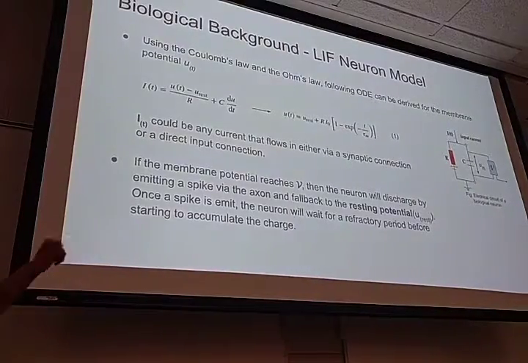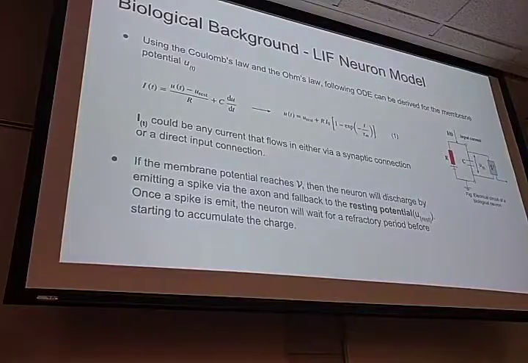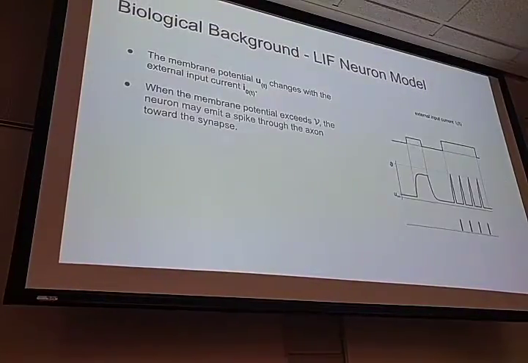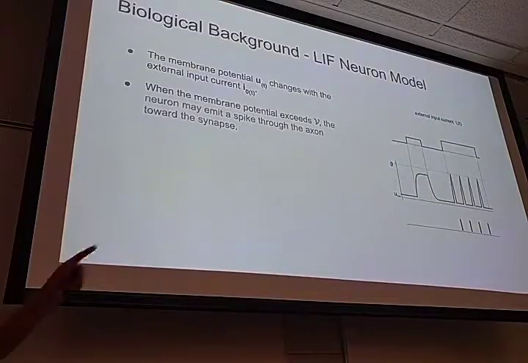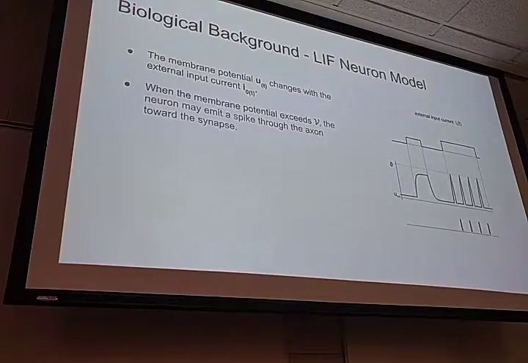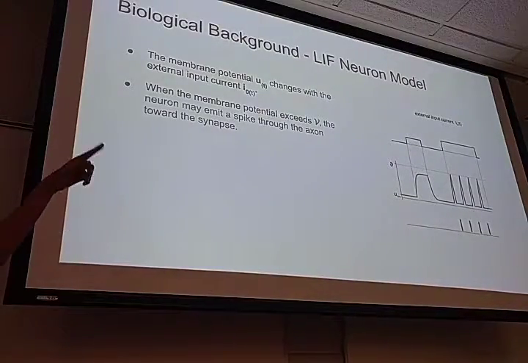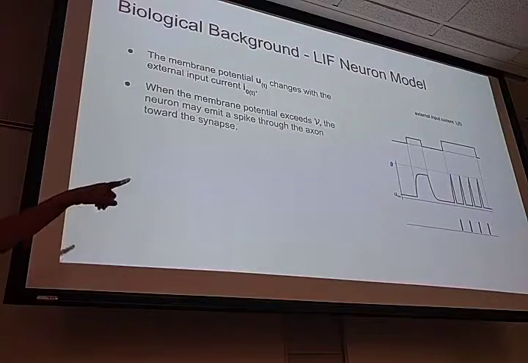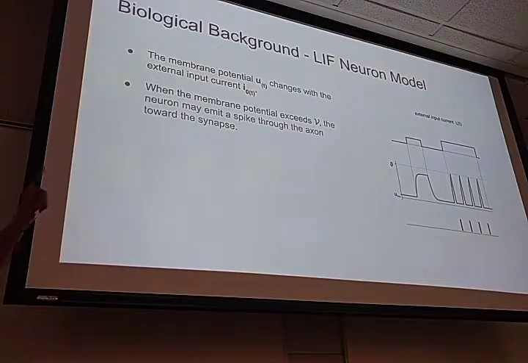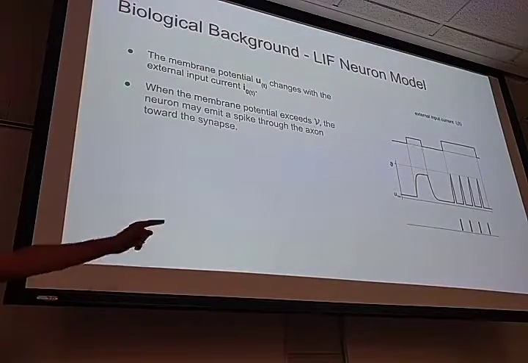And another key point is that until a refractory period, it will not start accumulating any charge. As you can see in the graph the external input current is constant, and the membrane potential, which is the second graph, keeps increasing. But unless the membrane potential reaches a certain threshold, it will not emit a spike.